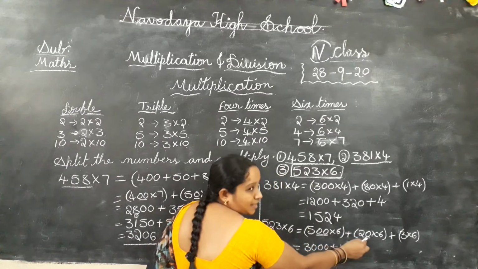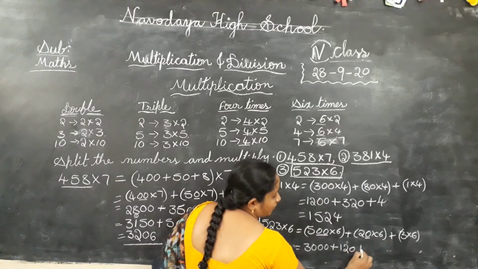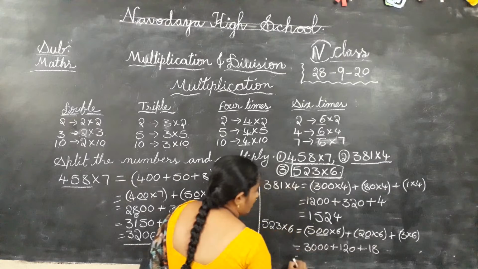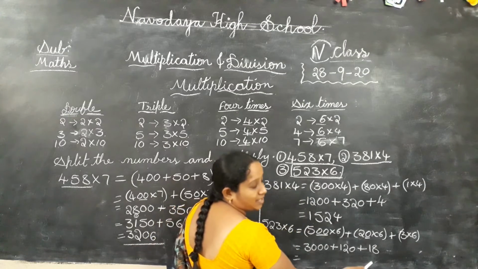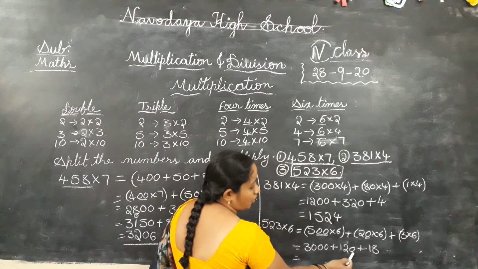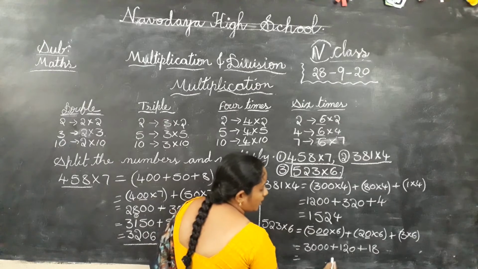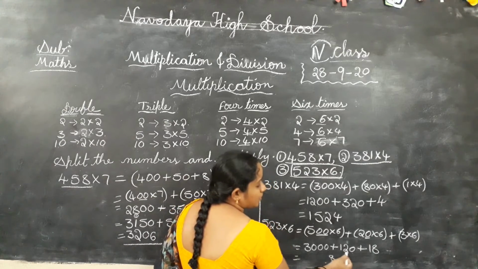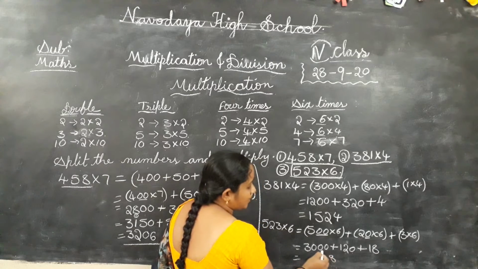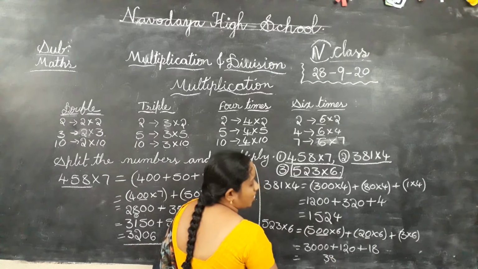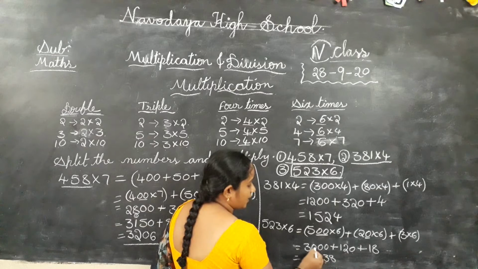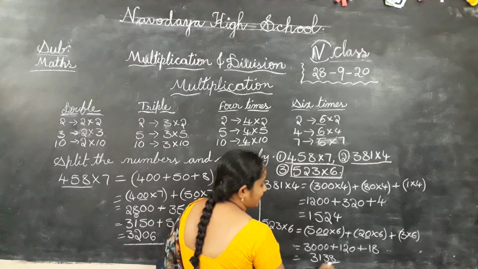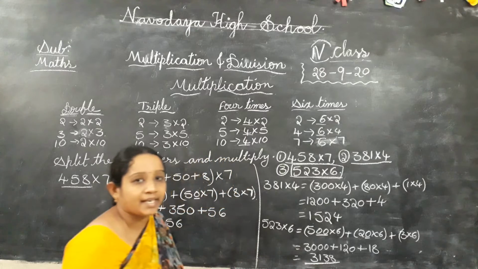How many zeros are here? 1 zero. 120 plus 3 6s are 18. Now add these numbers. First add ones place digits. 8 plus 0, 8. Tens place 2 plus 1 plus 2, 3. Hundreds place 1 plus 0, 1. Thousands place 3. 3138.